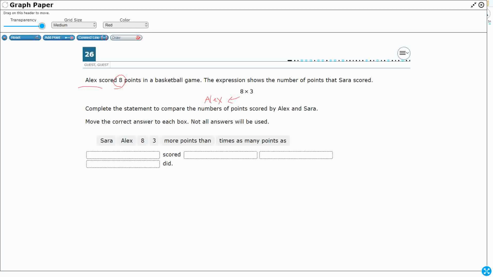And then the expression shows the number of points that Sarah scored. So if I were to draw Alex right here, he made 8 points. And then this 8 times 3 would show how many points Sarah scored. So Sarah is 8 times 3.